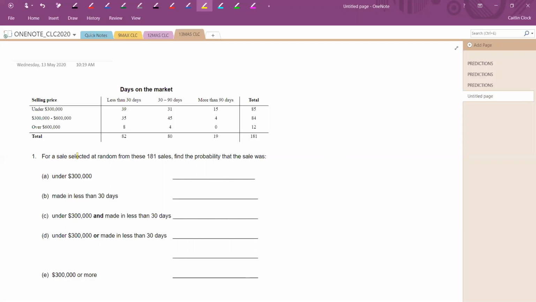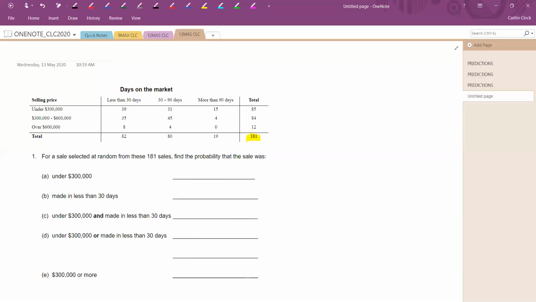So for a sale selected at random from these 181 sales, because of course the total's here, there were 181 in this sample. We're going to find the probability that the sale was, and then answer these 5 questions. So how do we find the probability that the sale was under 300,000?